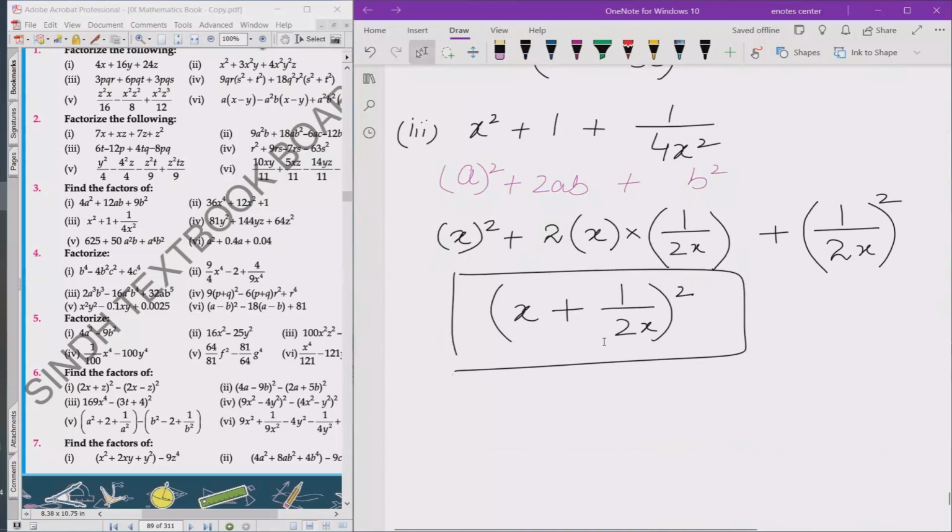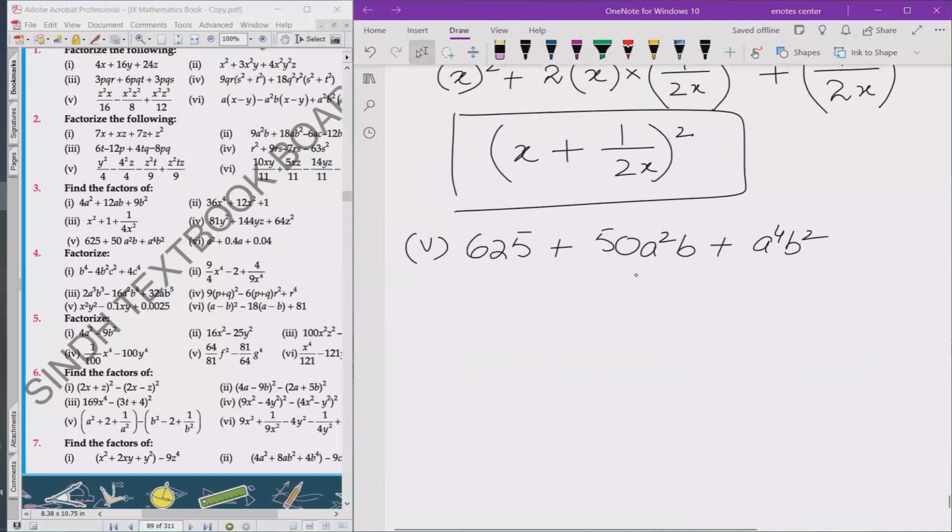Now we will solve question number 5. Five is similar to 4, so we will solve it. In question number 5 we have 625 plus 50a square b plus a to the power 4 b square. First we will decide what is a and what is b. Here a is 625.